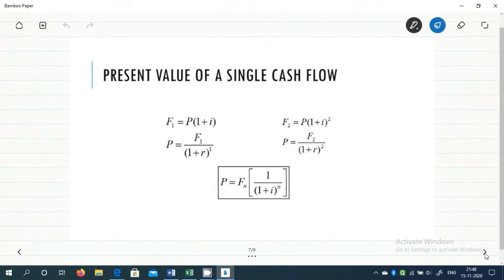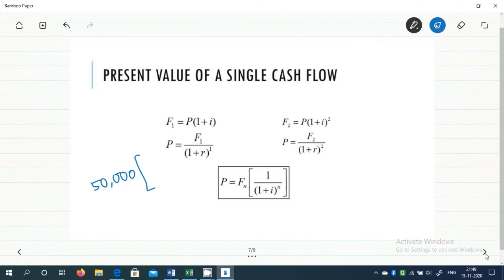Suppose, for example, 50,000 is the value. Somebody is telling you that the future value would be 50,000 rupees. Suppose an investor wants to find out the present value of 50,000 to be received after 15 years, and her interest rate is 9%.